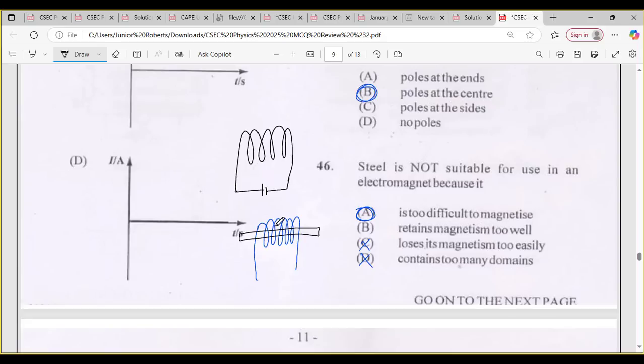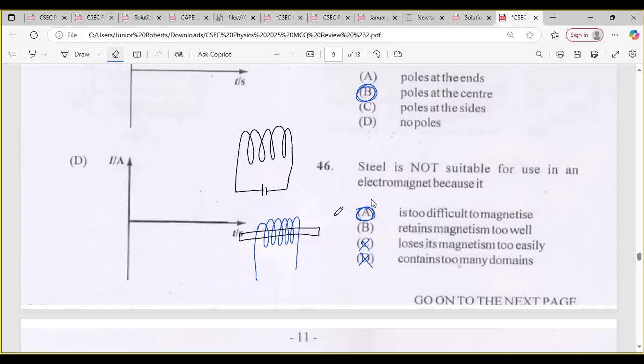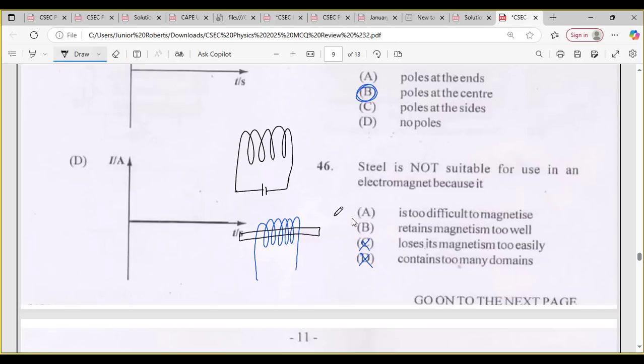So let's see what it says now. It says steel is not used because it is too difficult to magnetize, or it retains its magnetism well.